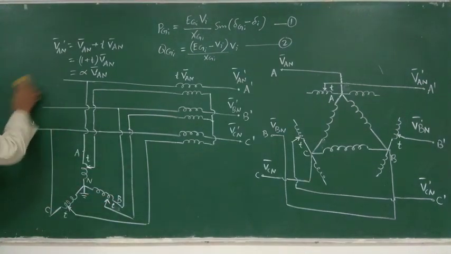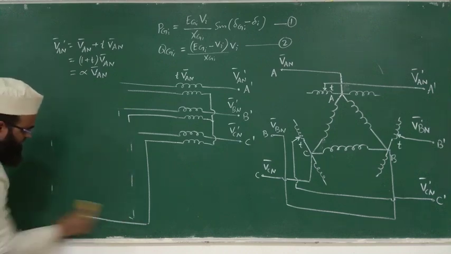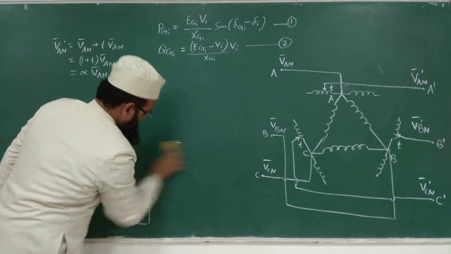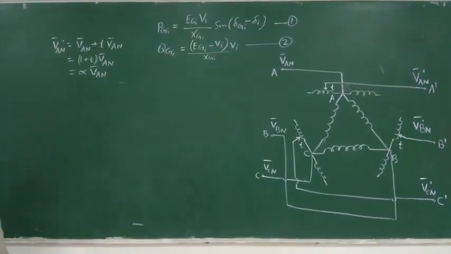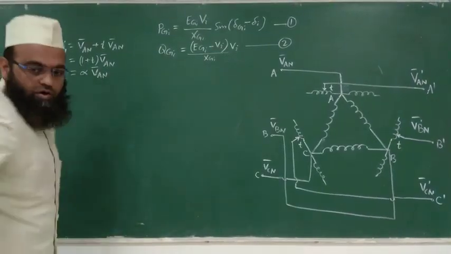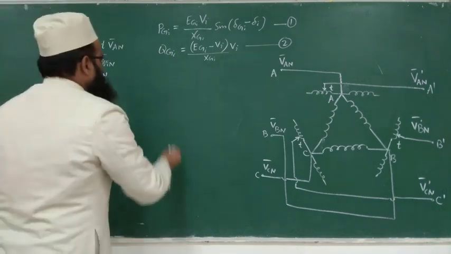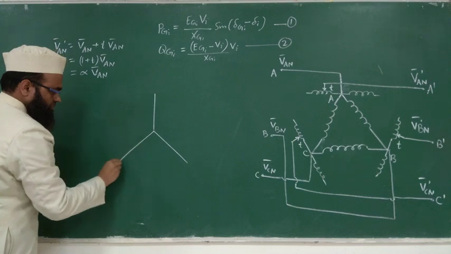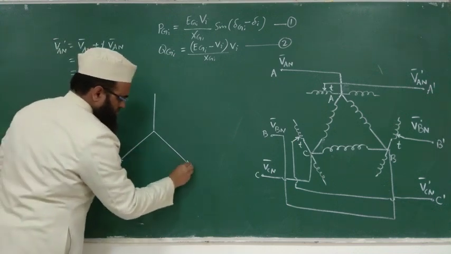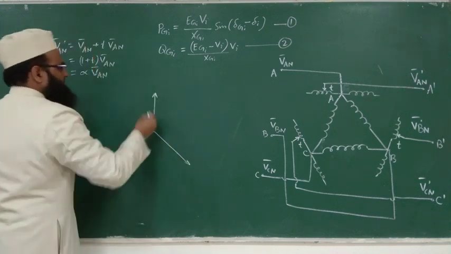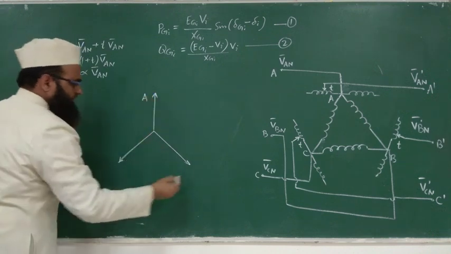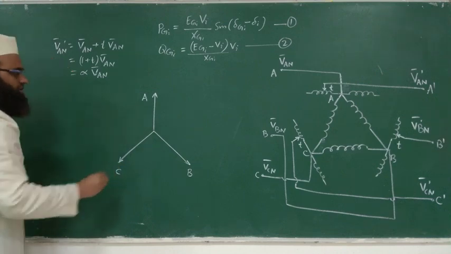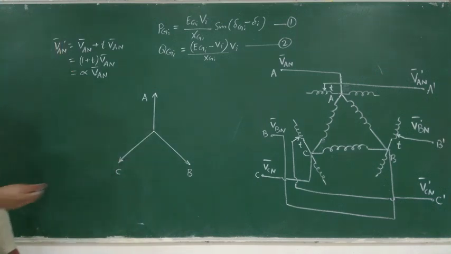I am writing this. Okay, so first draw the phasors corresponding to three phases. Say this is phase A, this is phase B, this is phase C. This is neutral, this is neutral.